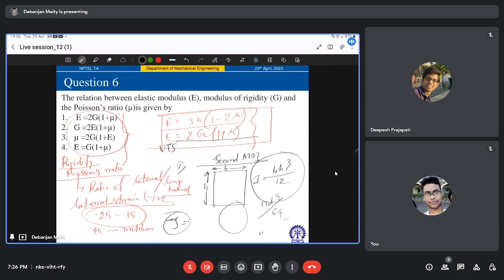So J will be Ix plus Iy, right? That way you find the polar moment of inertia. What else? There is also something called torsional resistance.